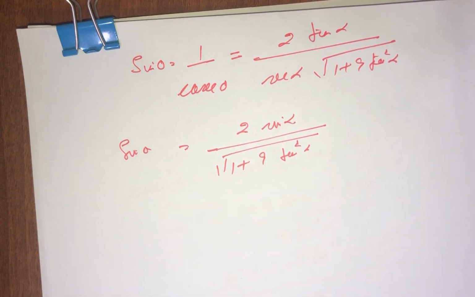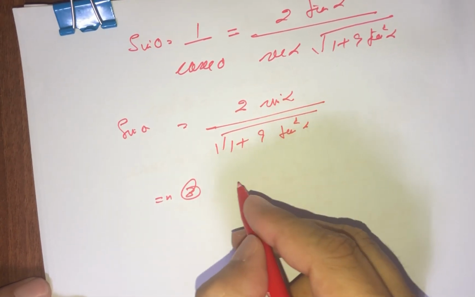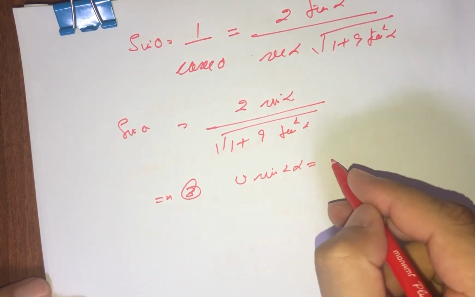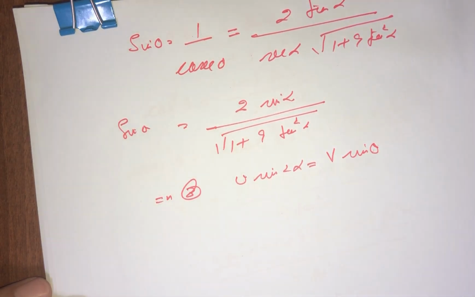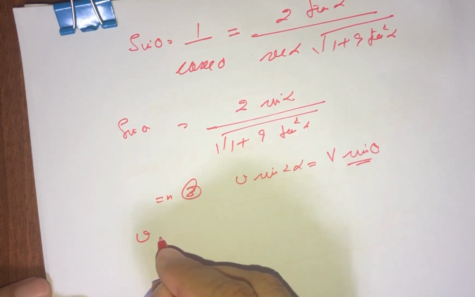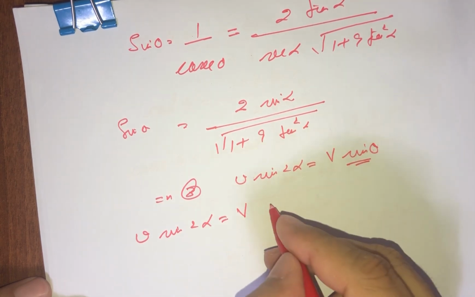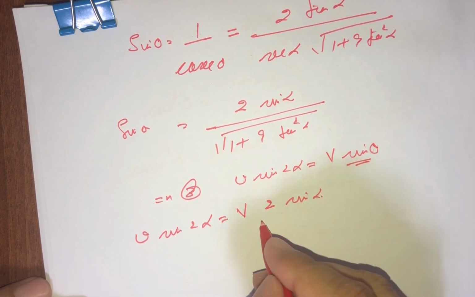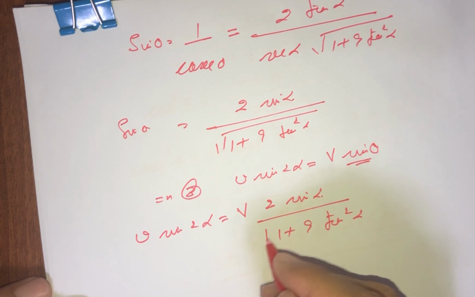But from equation 3 we already know that v sine 2 alpha is equal to V sine of theta. So we are going to put sine of theta here. So we are going to get v sine 2 alpha is equal to V times 2 sine alpha divided by 1 plus 9 tangent square alpha and its square root.